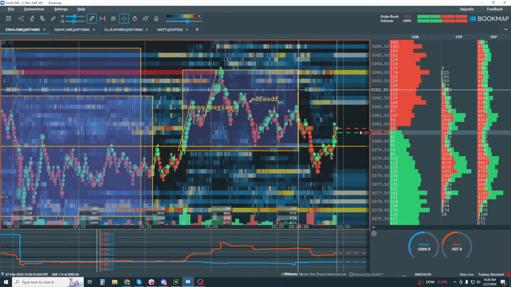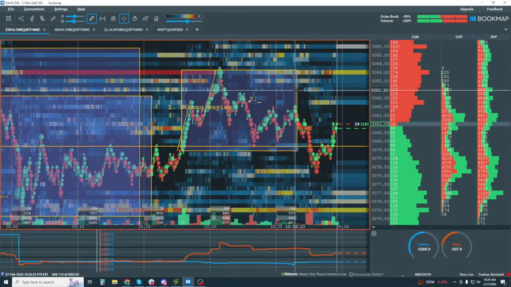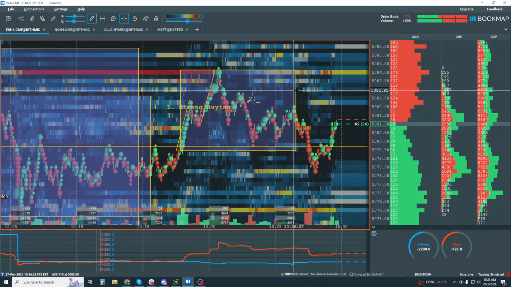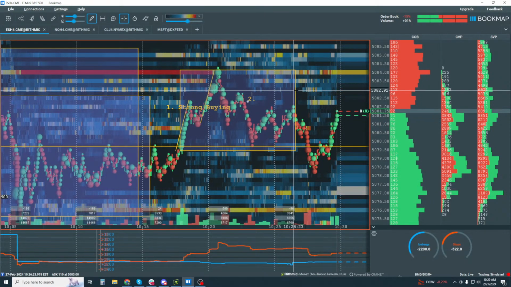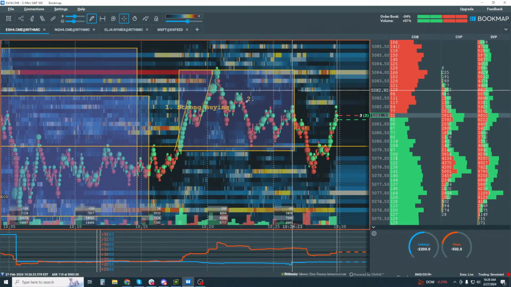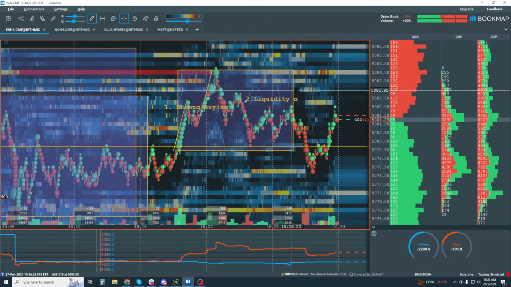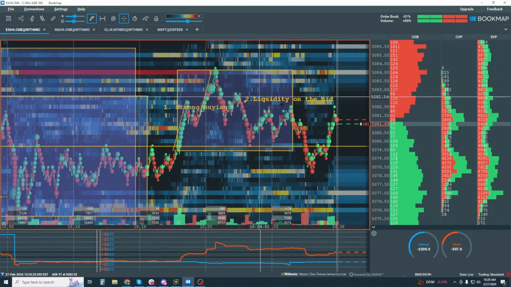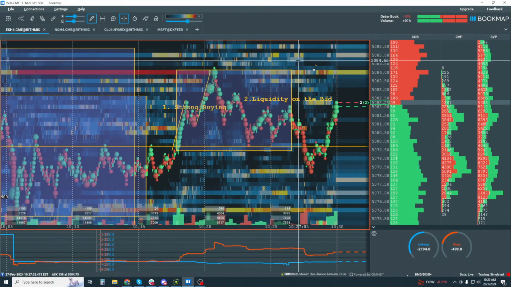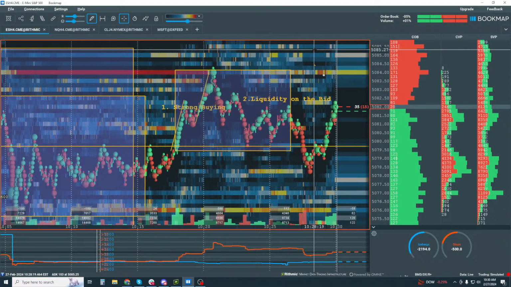Oh, okay, I got it. 2 is, what do we have on the bid, right? We had some liquidity on the bid. And 3, we had cluster of buying.